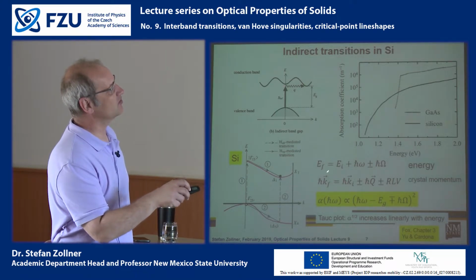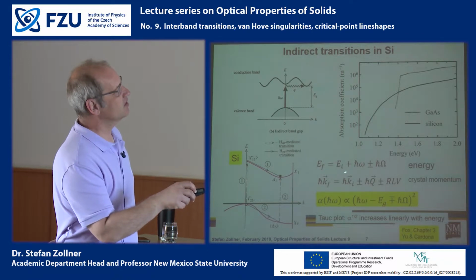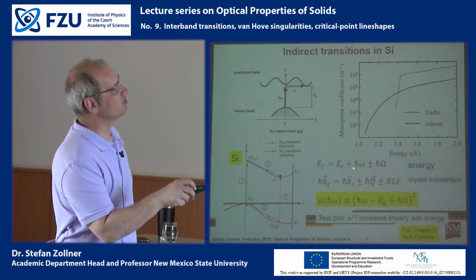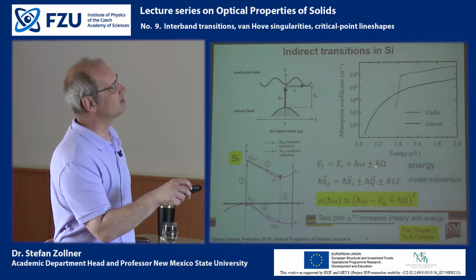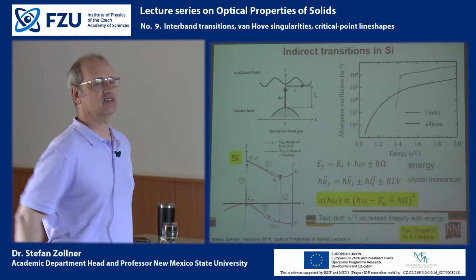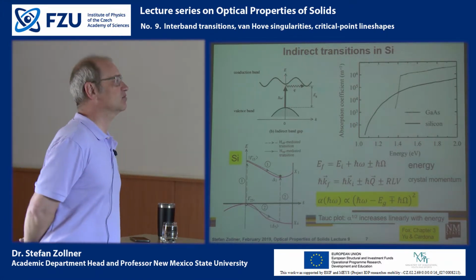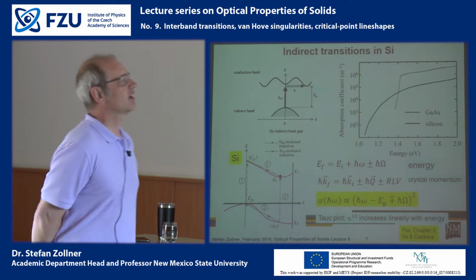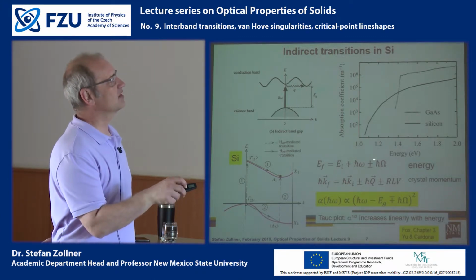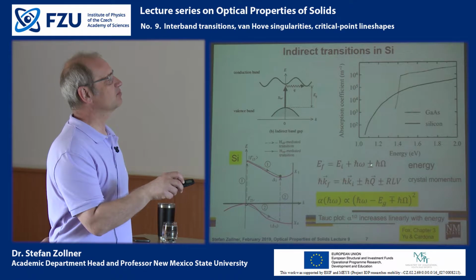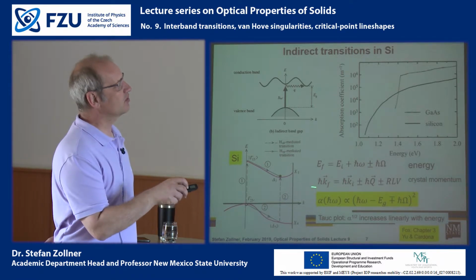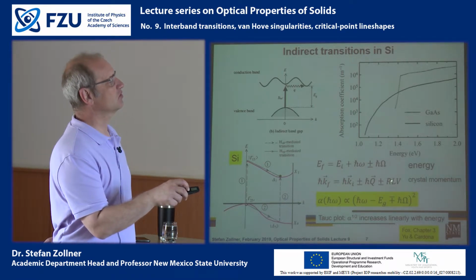The energy of the final state needs to be equal to the energy of the initial state plus the energy of the photon plus or minus the energy of the phonon. Here there's a plus or minus because the phonon can either be absorbed or emitted, and therefore we have these two sign options. And of course, crystal momentum also needs to be conserved.